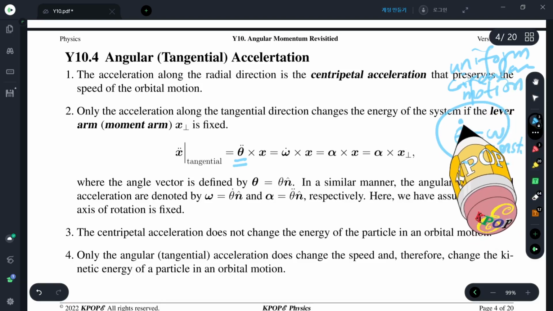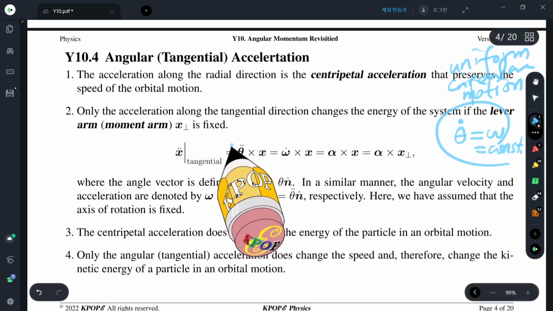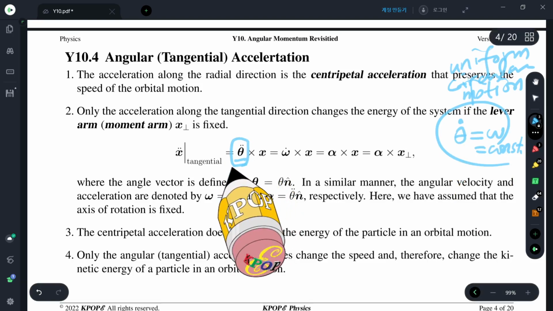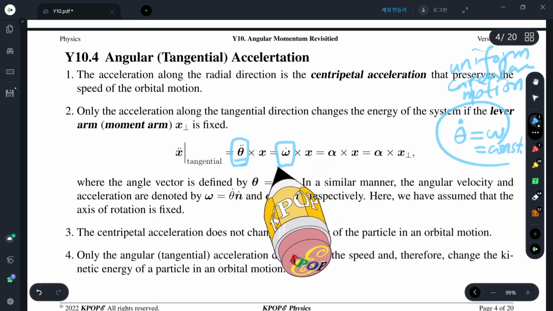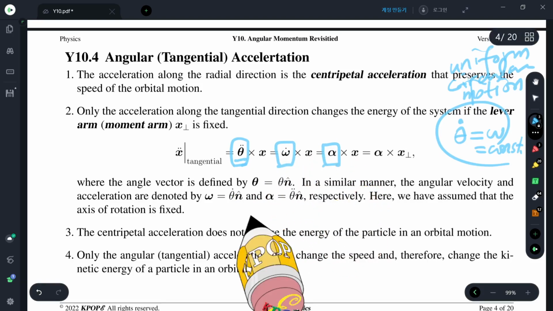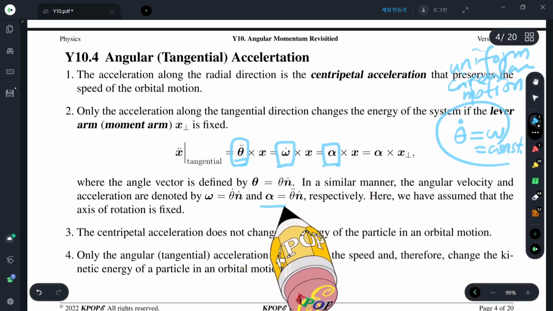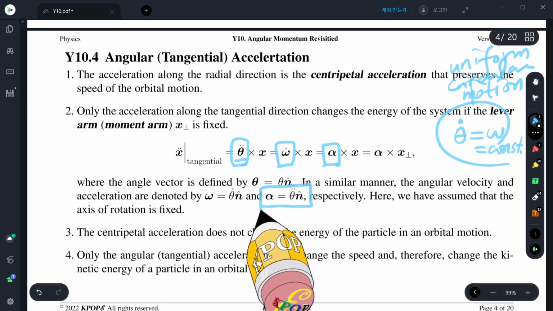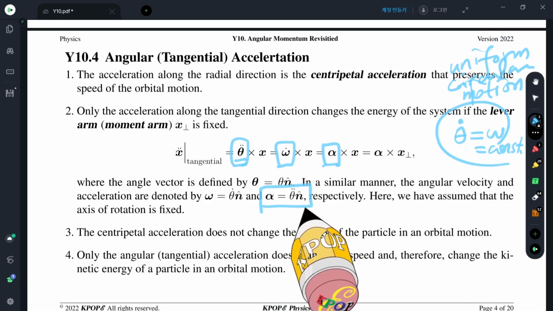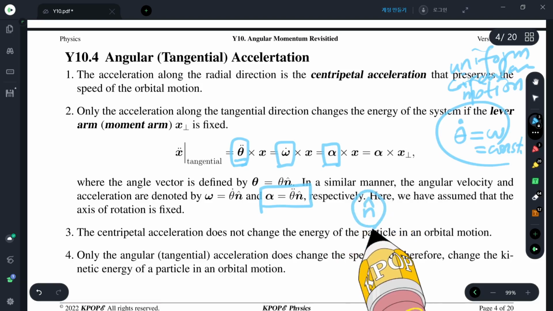However, if theta dot is not constant, theta double dot is not vanishing, theta double dot is omega dot, and omega dot is also written as alpha, that is called angular acceleration. Hence, angular acceleration is written in this form. Again, we assume that n is fixed.